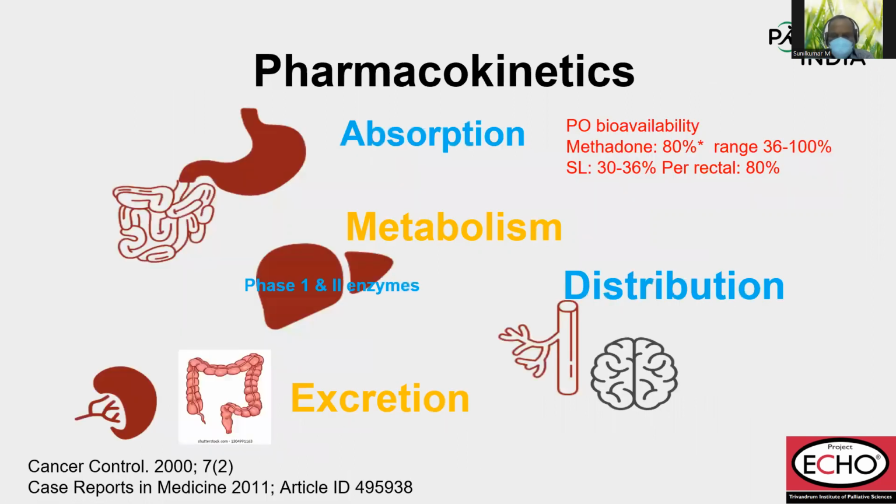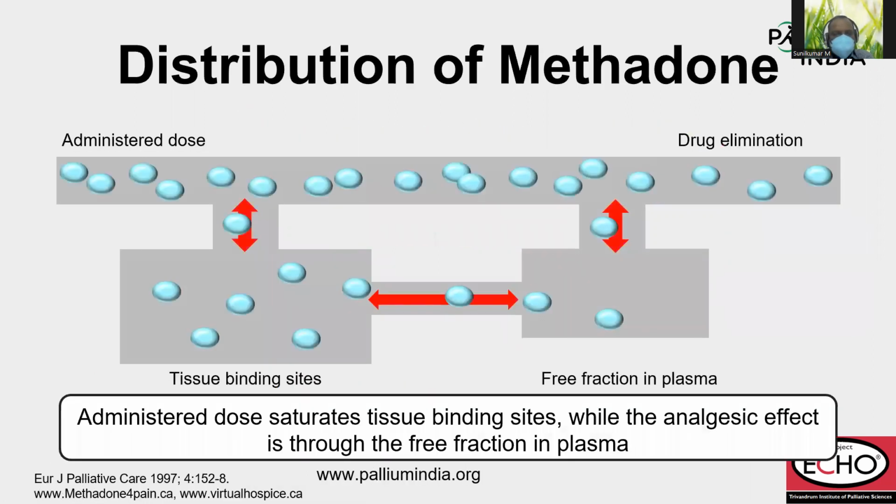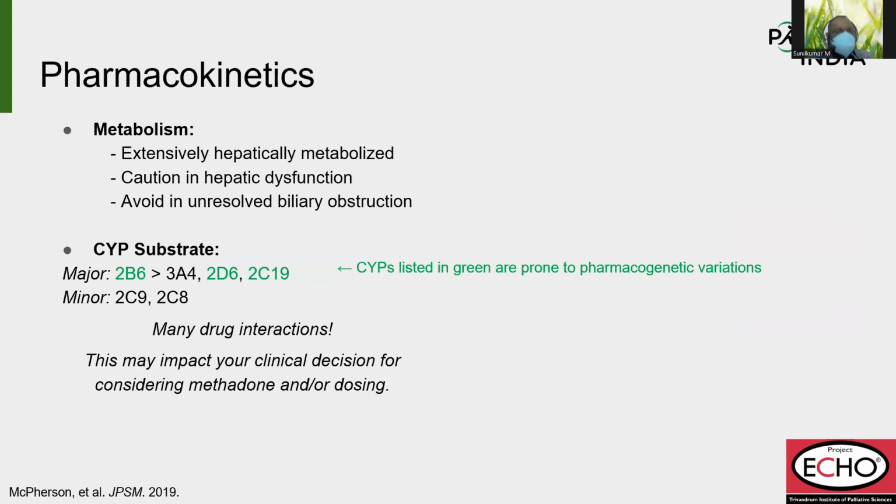It occurs mainly in the liver, and various cytochrome P enzymes are involved: 2B6, 2D6, 2C19, and many others.